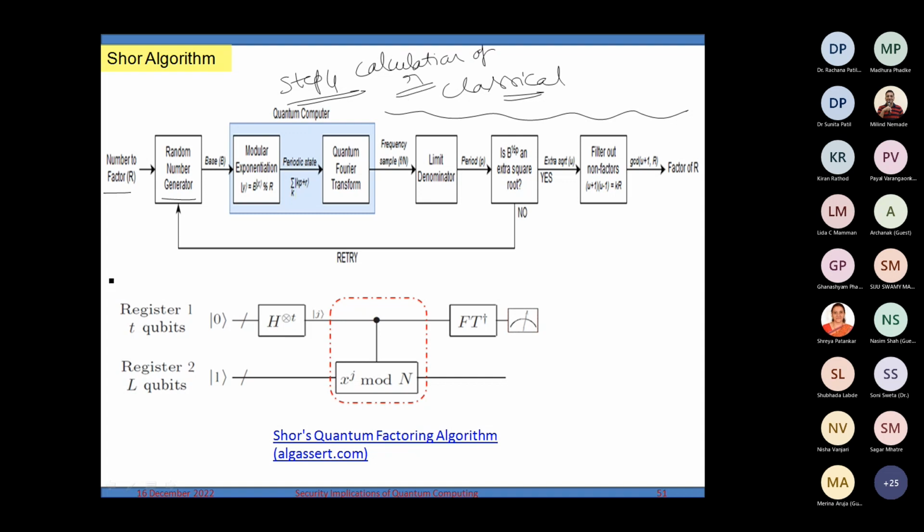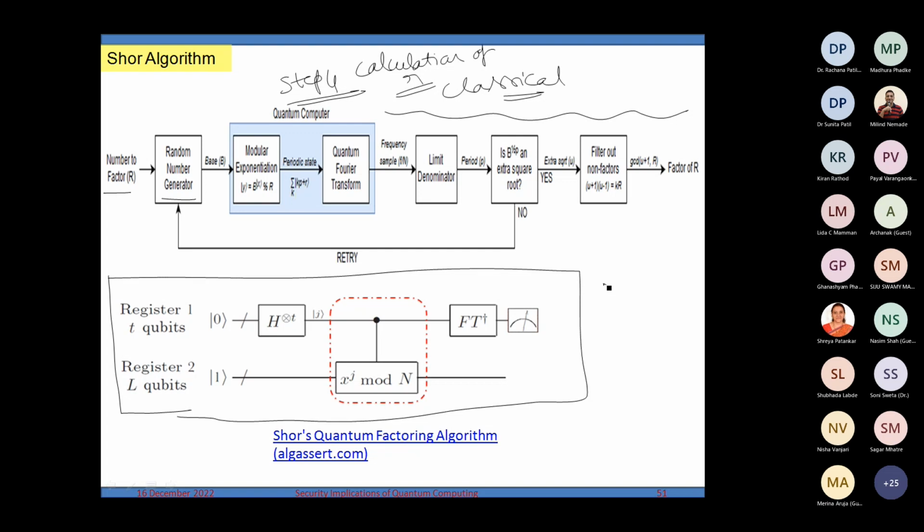So this is the gate representation of the quantum process of Shor algorithm. You typically take two registers X and Y. One is used to represent all possible combinations of the function f of x, that is x power k mod n, and one register is used to store the values of the calculation.